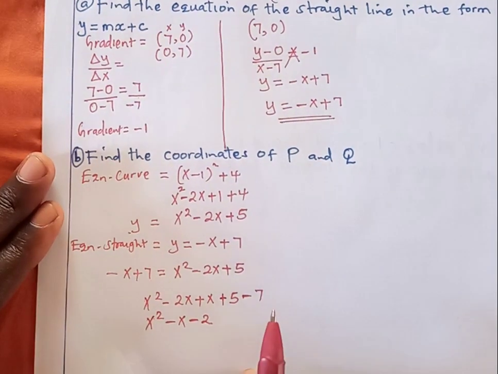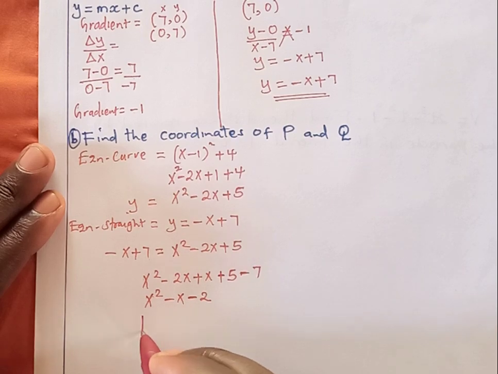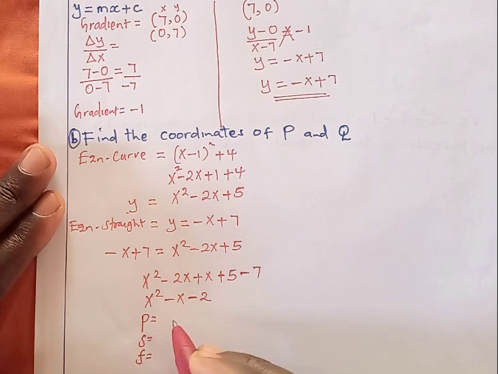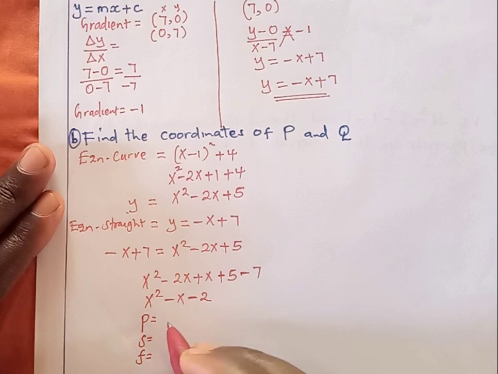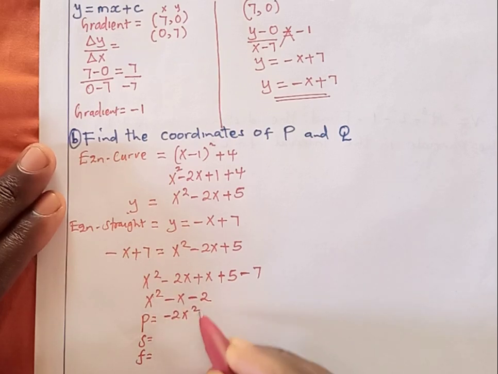We have a quadratic equation, and what we are going to do is use the product sum factor method. We have used this method severally. It is not new to us. Now let us use it. The product is the first term multiplied by the third term, which is negative 2, giving us negative 2x squared. Then the sum is negative x.